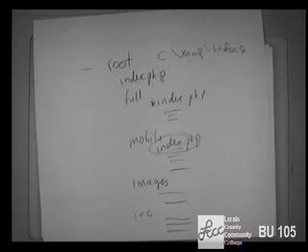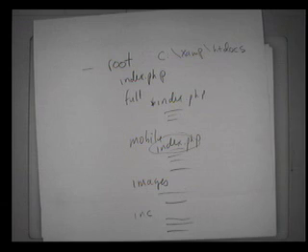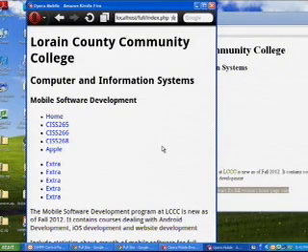We'll run the Kindle. All right, and I go to localhost. Oh, interestingly enough, the Kindle did identify itself as the full version. It didn't identify itself as mobile. That's interesting.